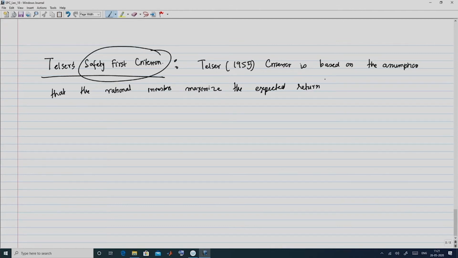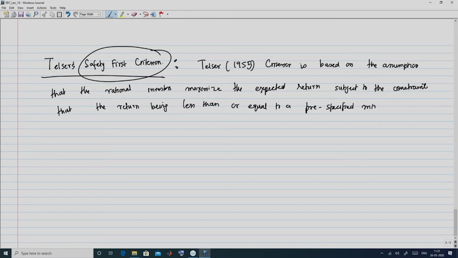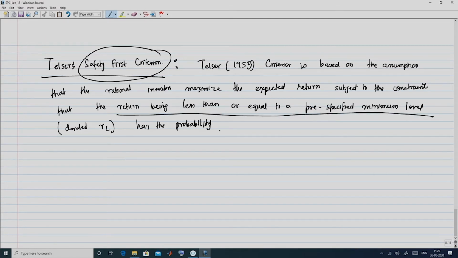But since it is a safety first criterion, they will maximize the expected return subject to the constraint that the probability of the return being less than or equal to a pre-specified minimum level, which we denote as before by RL, will not exceed a given probability.